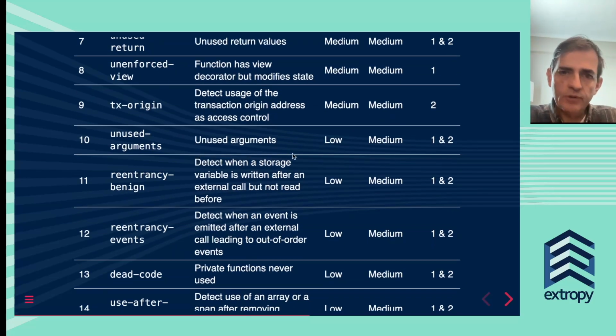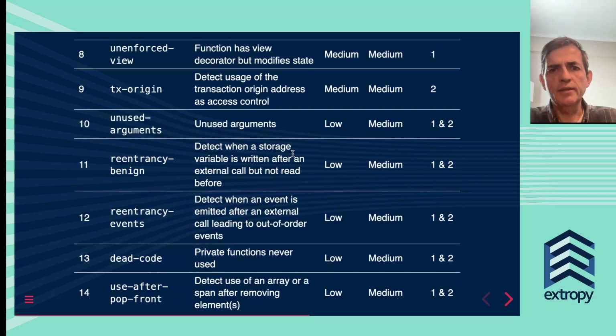We go on to some lower impact vulnerabilities here, unused arguments. Although this may not directly be a security problem, it could be an indication that the code is incomplete, so you should always take notice of these types of issues. Reentrancy benign is again an example of reentrancy.